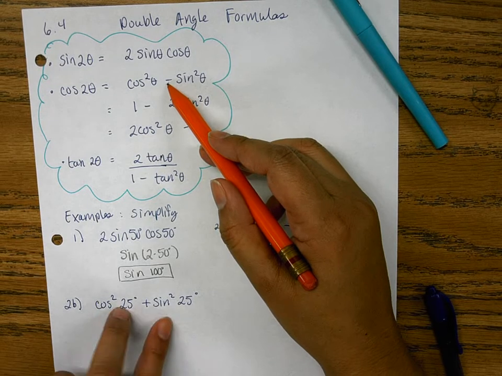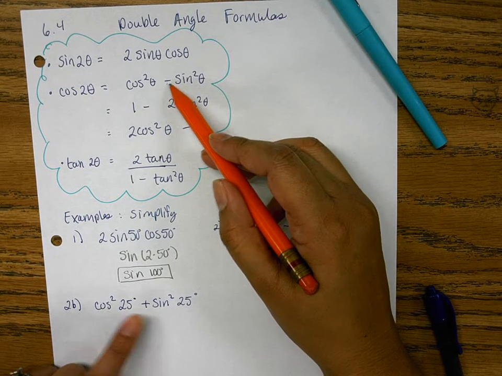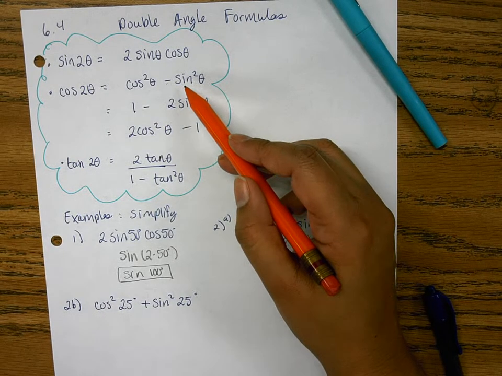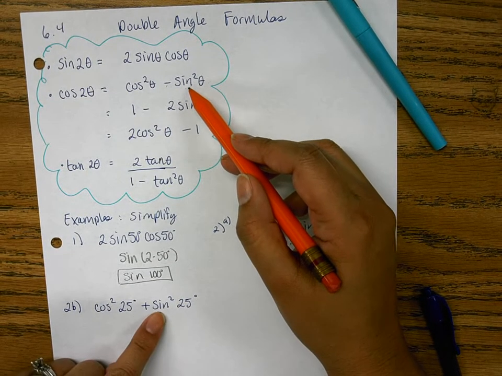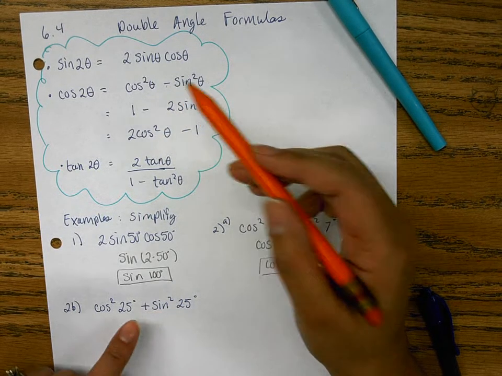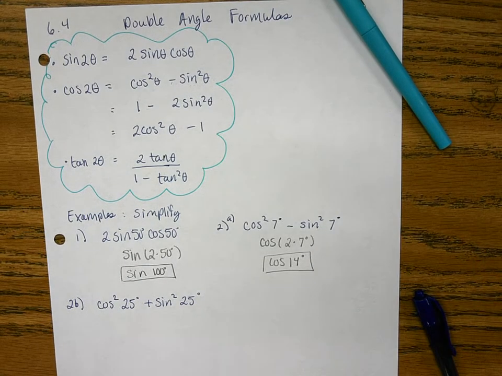Kids will say, oh, well, it's the opposite because it's flipped around. No, it's not. That's minus, that's plus. Cosine squared stayed positive, and we only took the opposite, excuse me, of the sine squared. So it's not anything to do with these formulas here at all. Hoping you recognize it as one of our original Pythagorean identities.